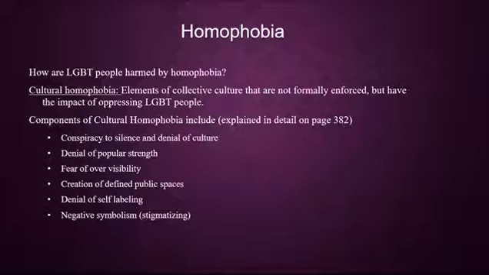The denial of self-labeling, so not allowing people to identify themselves as gay, and also negative symbolism, also known as stigmatizing, by Irving Goffman. People putting negative attributes on the gay community. That's a heavy component of cultural homophobia.